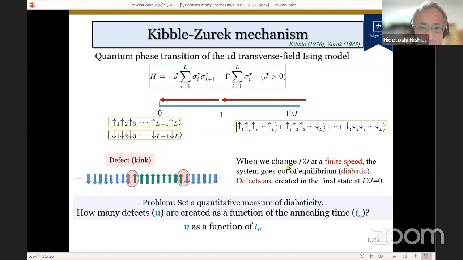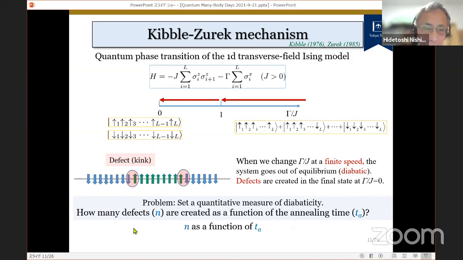But if we change gamma over J at a finite speed, then the system will go out of equilibrium. The process is diabatic. And the defects or the kinks between domains will be created even if we set gamma equal to 0 at the final time.